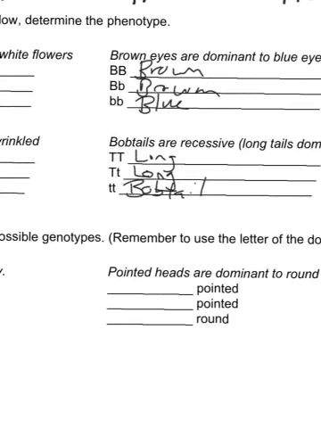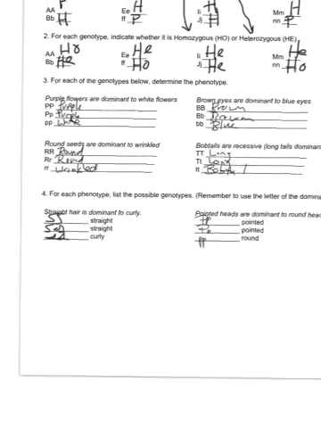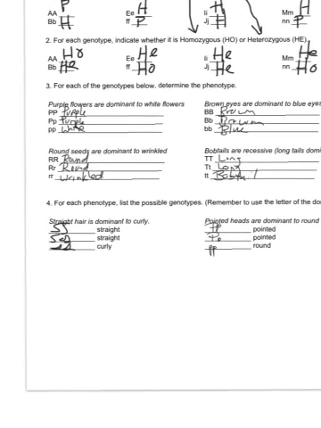That might work a little better. Pointed heads are dominant to round, so big P for pointed. Big P, little p, or heterozygous would also make pointed. And little p would make round. Okay? So by now, hopefully you get the abbreviations that geneticists use for genotypes and how that determines phenotype.